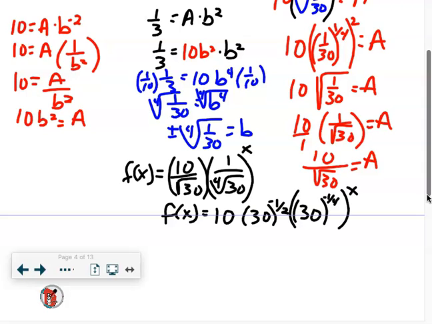Well, then we take the power to the power over there, and get 30 to the negative 1/4 x.